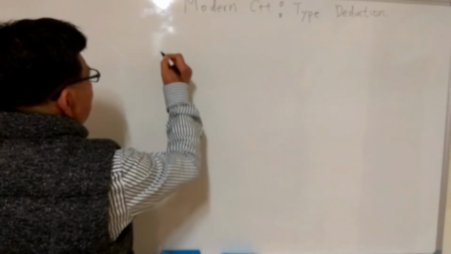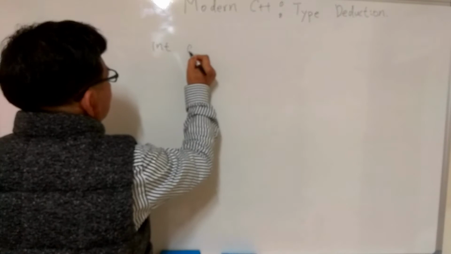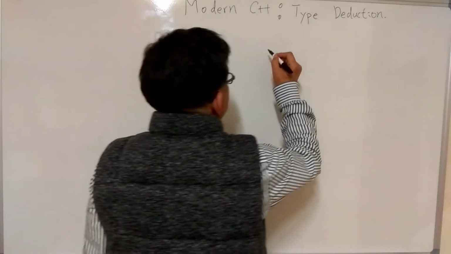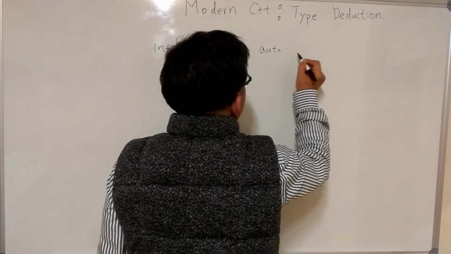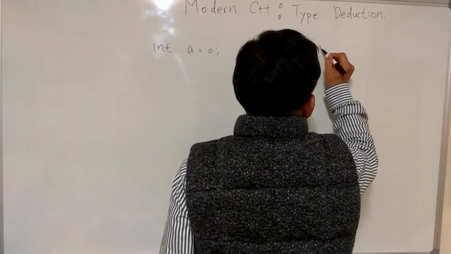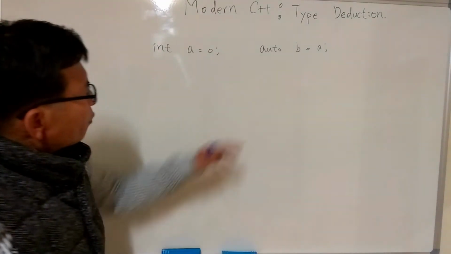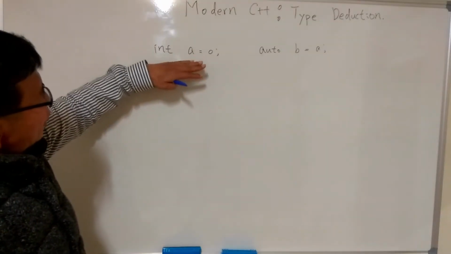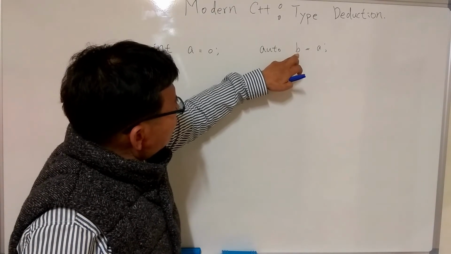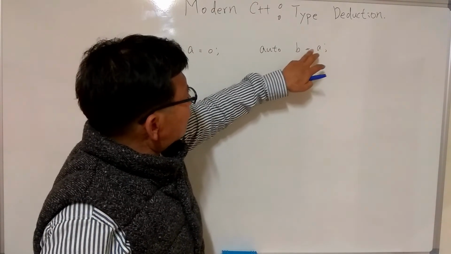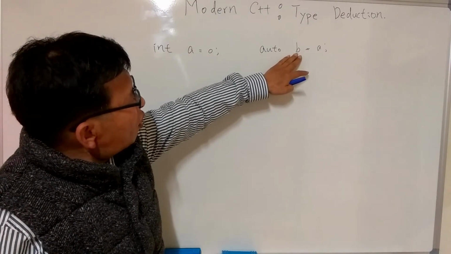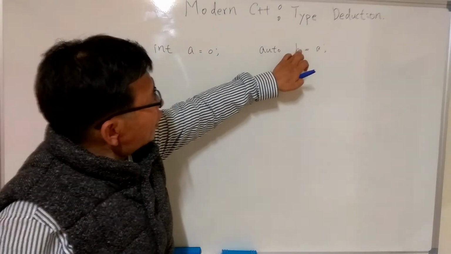For example, if we declare int a like this, and auto b like a, we first declare int a and then declare b initialized with a. How do we find out the type of b?